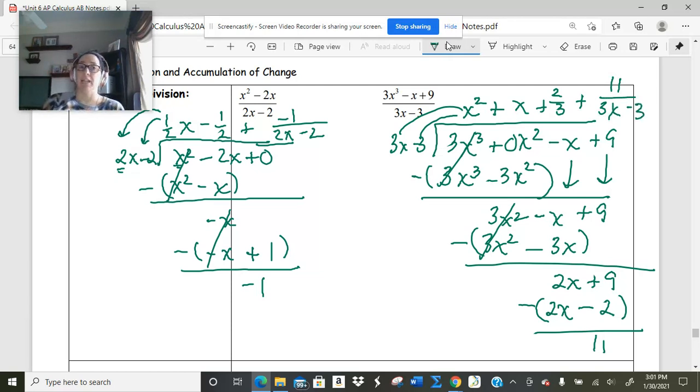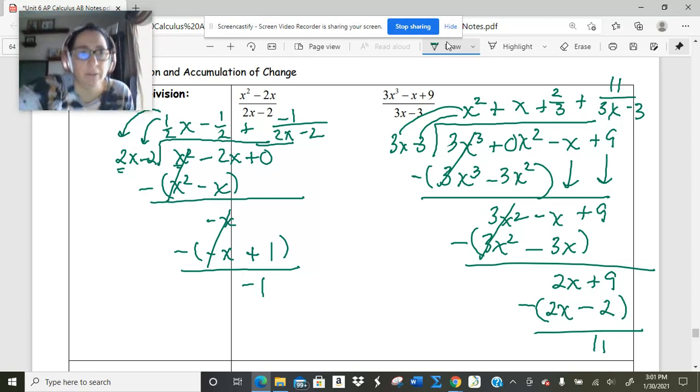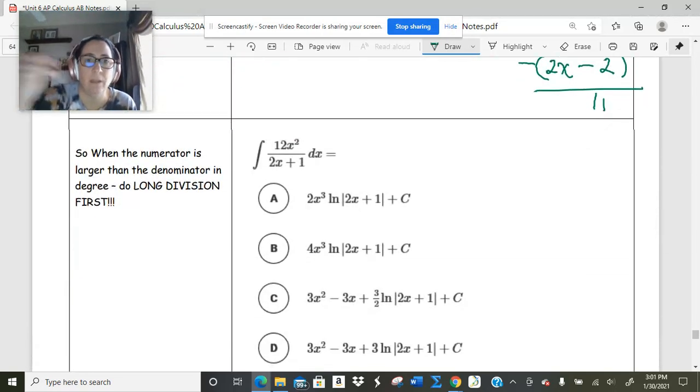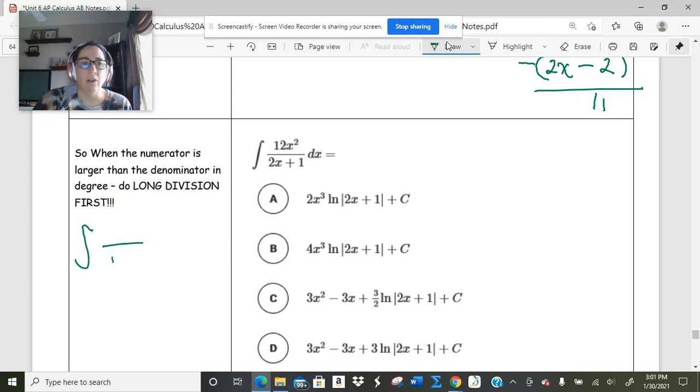Okay, so you're saying, why did we just have to review long division, Mrs. Whitmer? Because you're going to have integrals where you have to do long division first. So if in the integral down in the denominator degree versus the numerator degree, if the denominator is bigger, then we typically do a u sub.